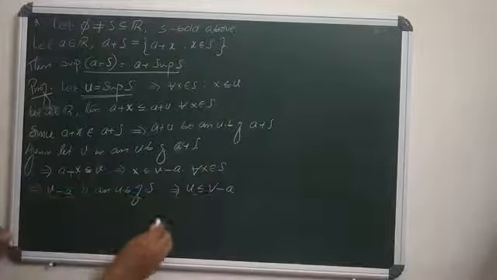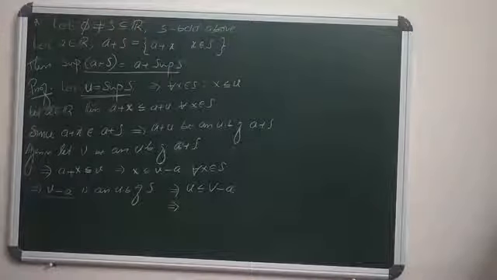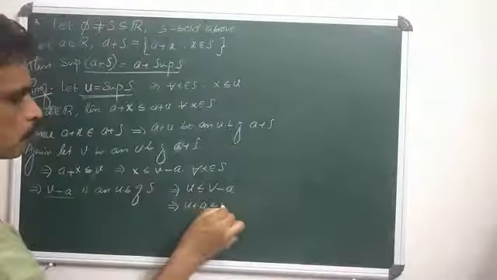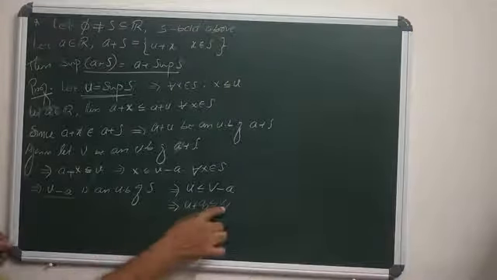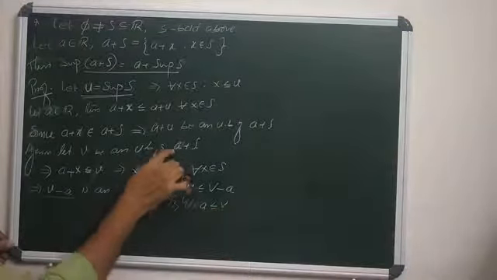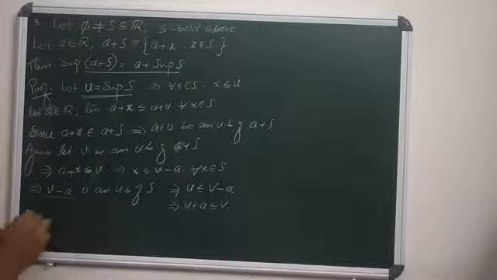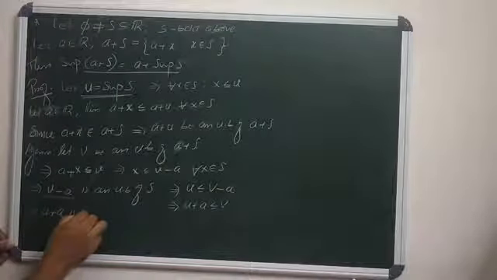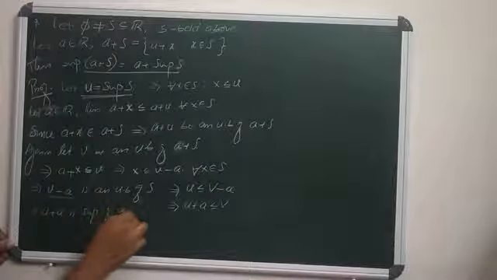So surely u is less than or equal to v minus a, which means u plus a is less than or equal to v. Since v is an upper bound of a plus S, and u plus a is less than or equal to v, this u plus a is the least upper bound, or supremum, of a plus S.